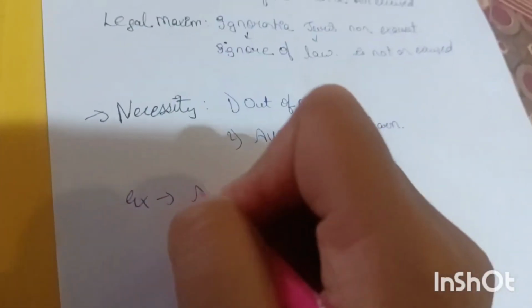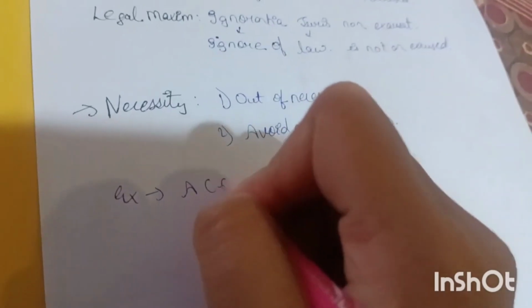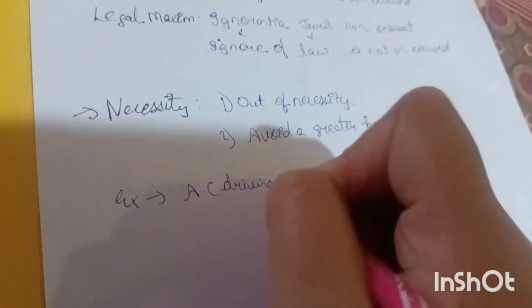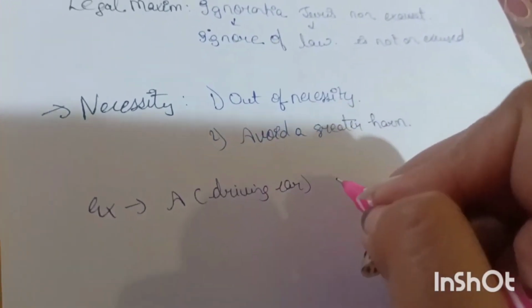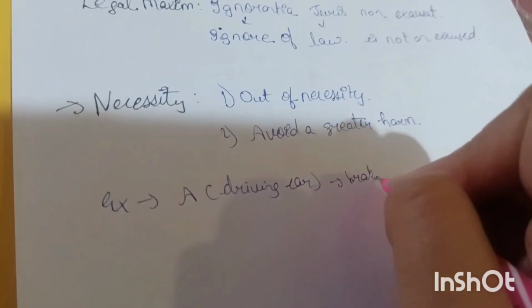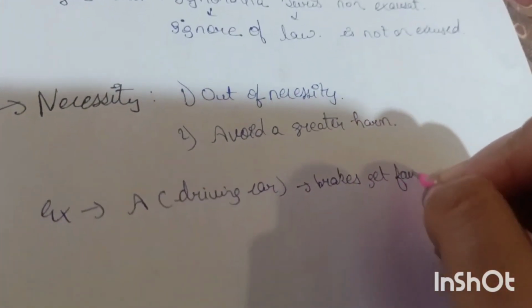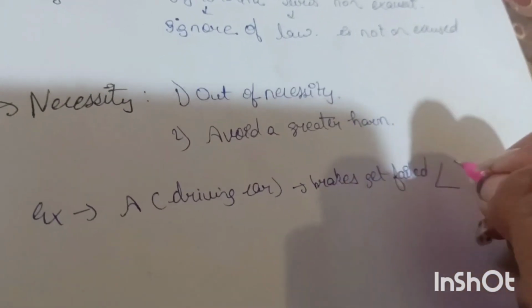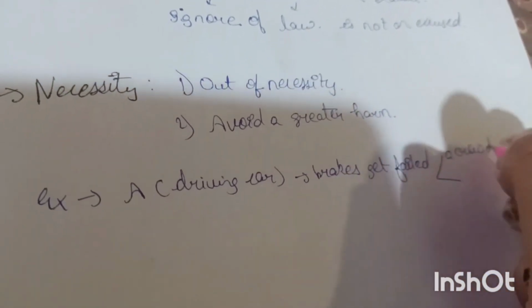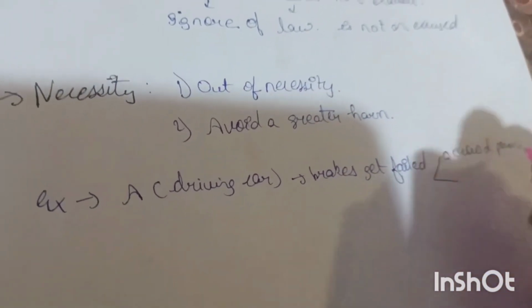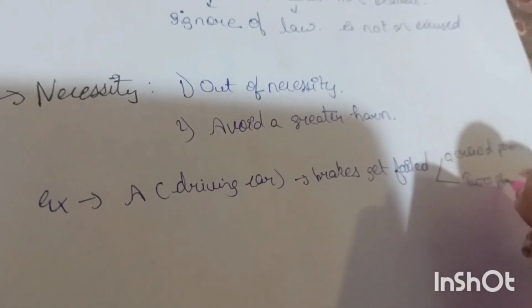Now let's write it. You can write it like this: a person A driving a car, his brakes failed, and there was a crowd of persons on one side and only two persons on the other.